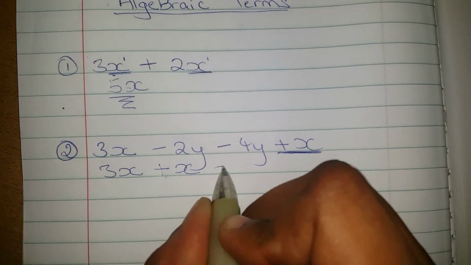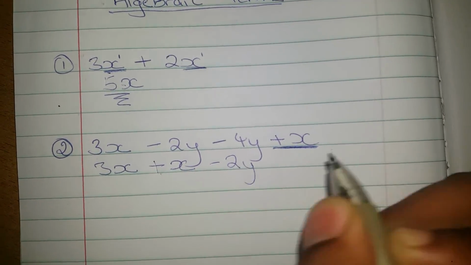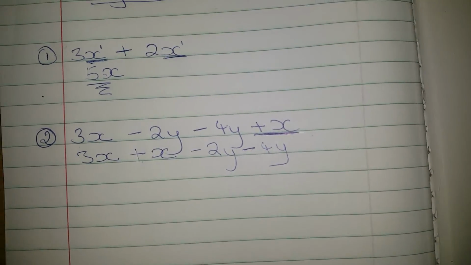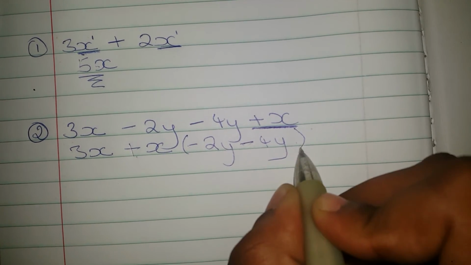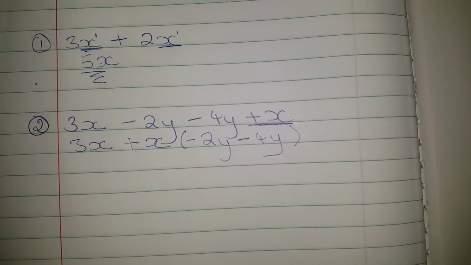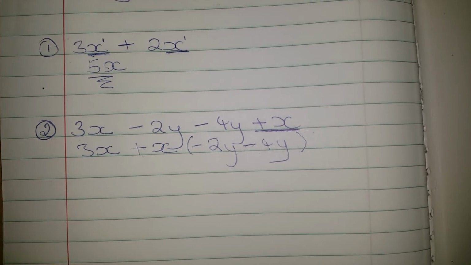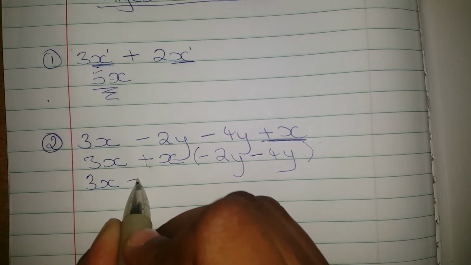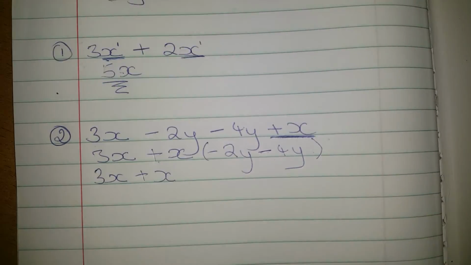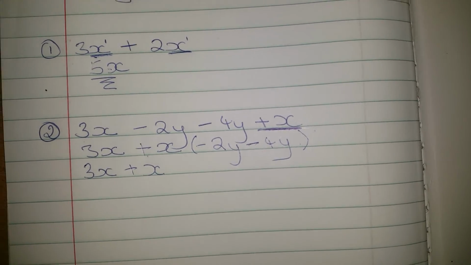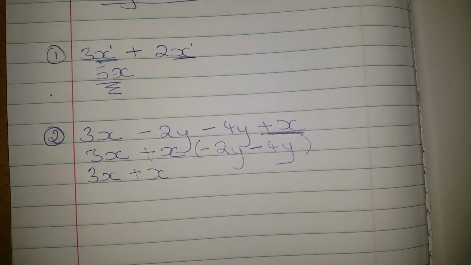Same with this case now, minus 2y minus 4y. There is something you can note about these. If you realize both of them are negative, usually students get confused when this is at play, but there's something called the distributive property that allows you to expand and reduce brackets or parentheses.